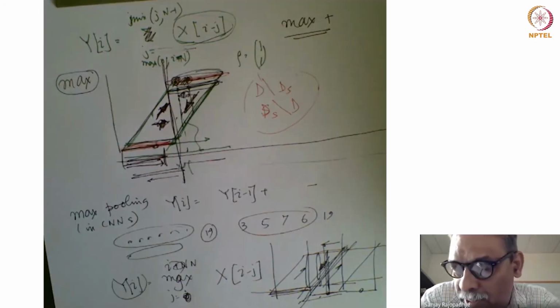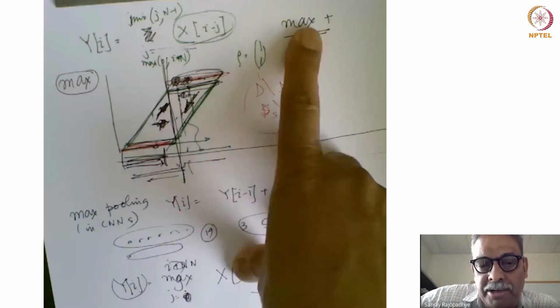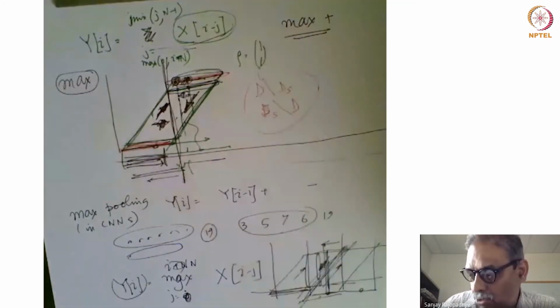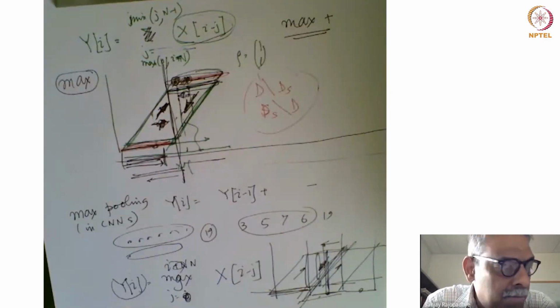So a CNN with the max plus semiring with unit weights does max pooling. And you can compute max pooling with constant time comparisons per pixel.